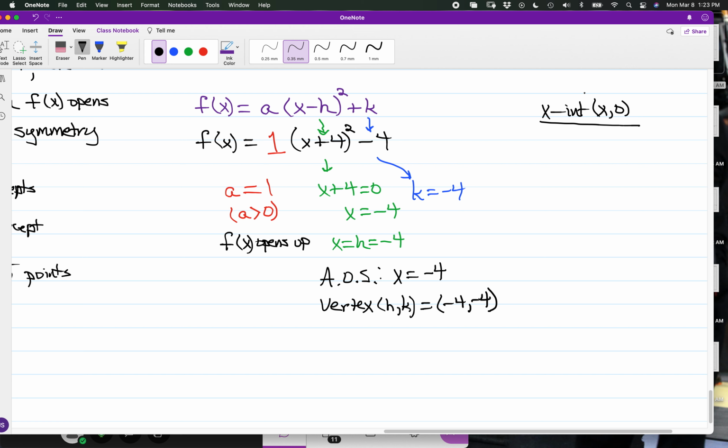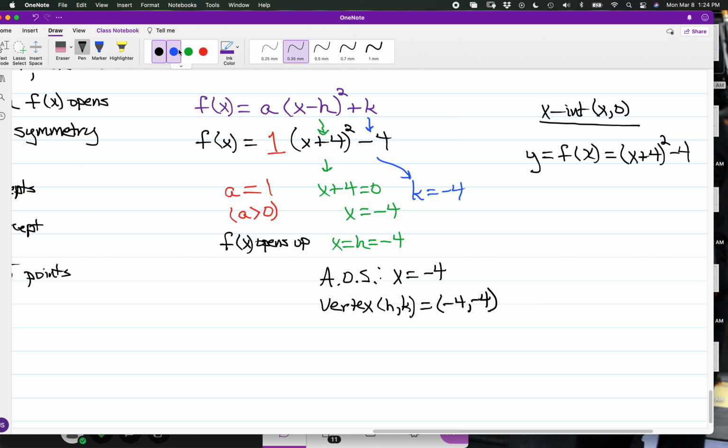So we're going to have here, okay, so again we have y is equal to f of x is equal to the square root of x plus 4 minus 4.